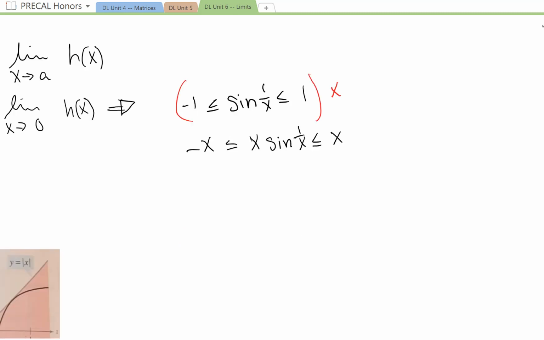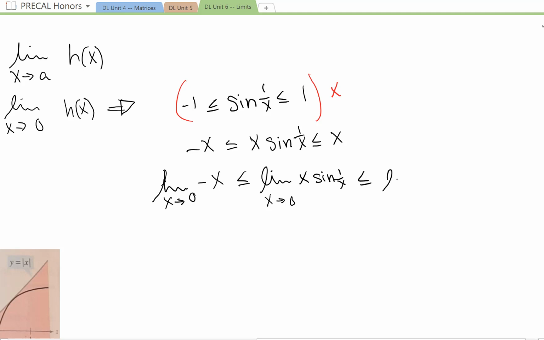The limit as x approaches 0 of -x is less than or equal to the limit of the middle function, which is what we started off to find. X times sine 1 over x is less than or equal to the limit as x approaches 0 of x.